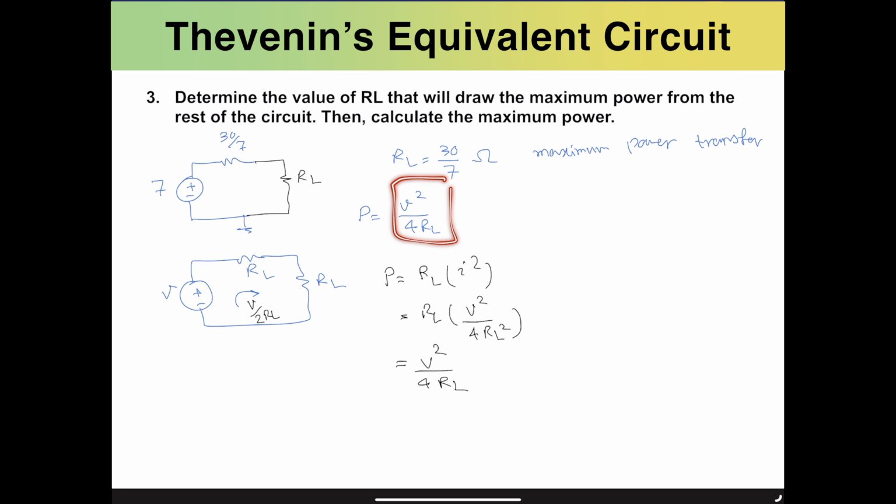And that's what we are using here. Now that we know the voltage, that will be 7 to the power of 2 divided by 4 times 30 divided by 7. That needs to be simplified, and the final answer in this case is going to be 2.9 milliwatts. So that is the total maximum power that can be delivered to the load, equals P max.